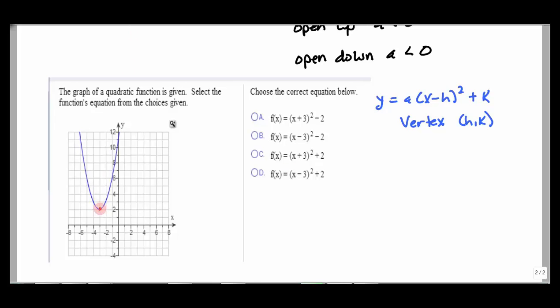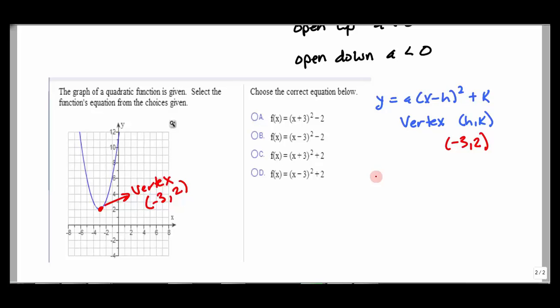Then I can look at this point right here, this vertex. If we look at this vertex, my x value is -3 and my y value is 2. So my vertex is (-3, 2). To figure out which one of these goes with (-3, 2), what I need to remember is, in here I need the opposite, and out here I need the actual value.